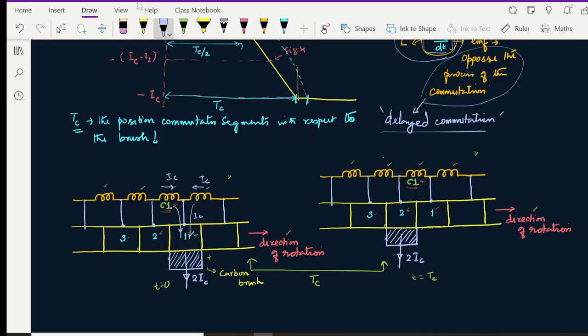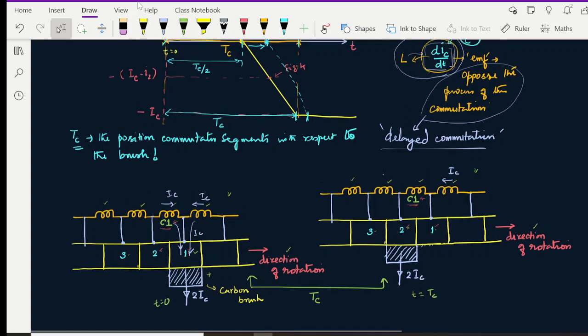At time t equal to TC, what is actually expected is that this is still IC, and this coil 1 is also expected to be IC, but look at the delayed commutation.